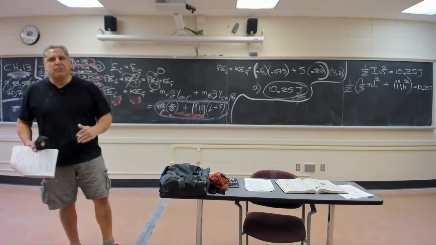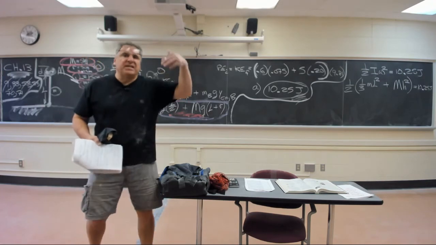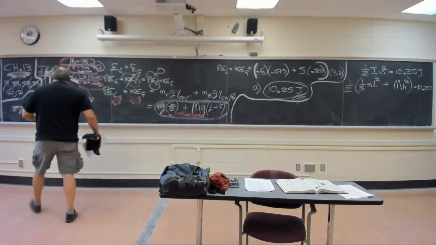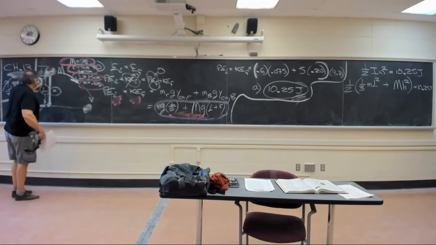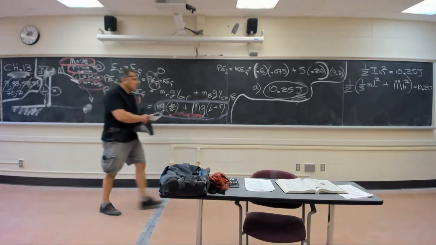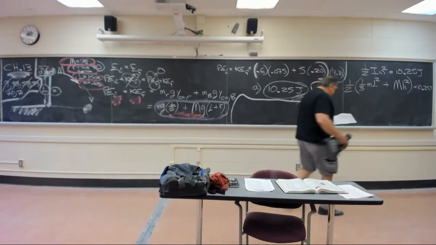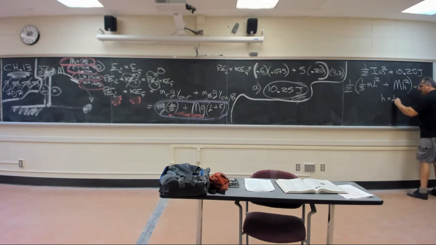We're just going to use the sphere as a point mass and move it a distance h from here all the way to here. What is that? That's L plus half of D, which is R. That's L plus R. So that H is going to be L plus R.